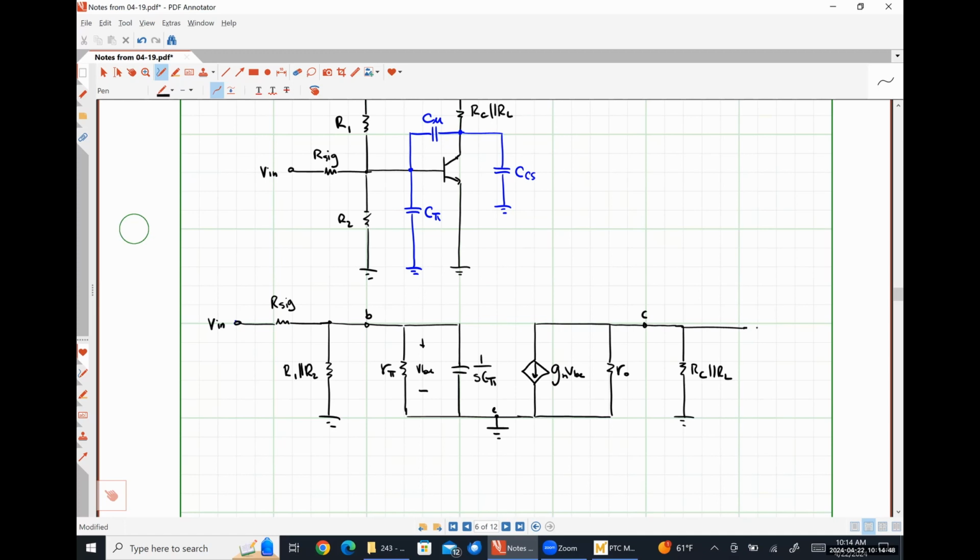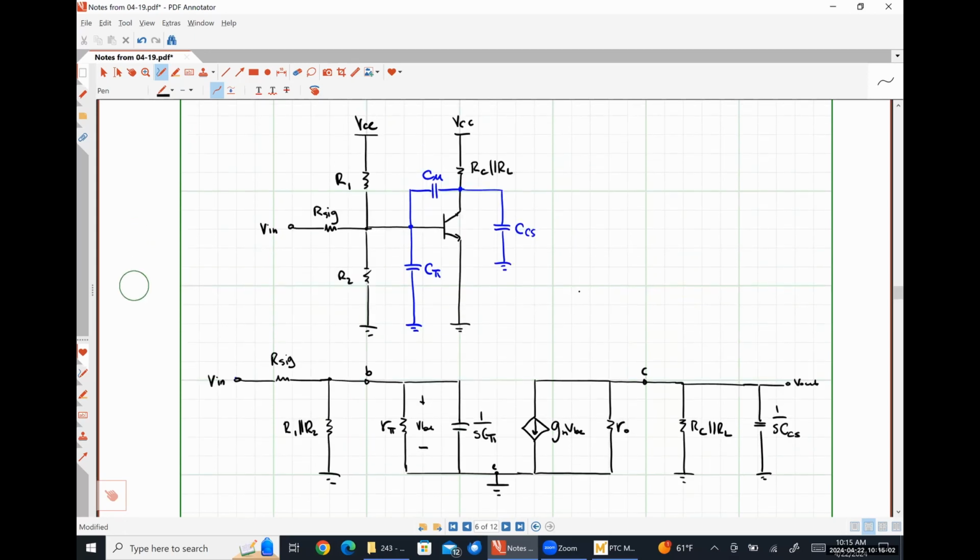I also have an impedance of 1 over S CCS. Here's my output voltage node, which I did not remember to draw up here, so I apologize for that. Output still just taken at the collector node now. And then I cannot forget the biggest pain in the butt we're going to have for a little while. This capacitor, 1 over S C mu, is placed between our base node and our collector node.